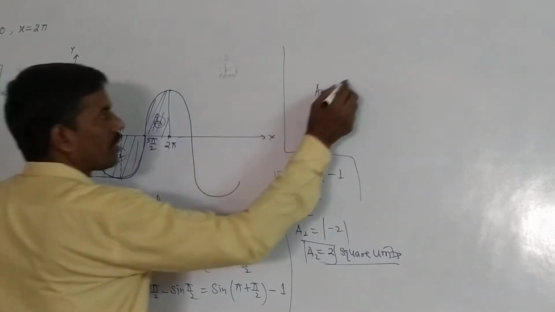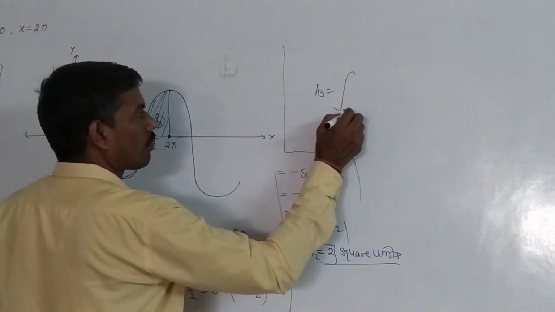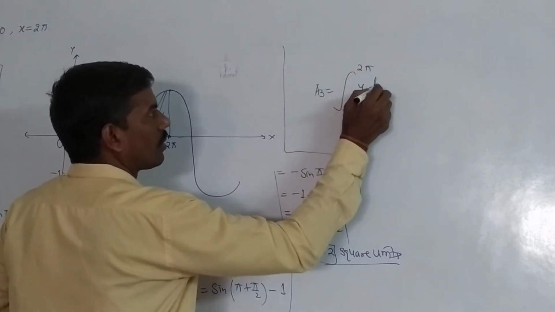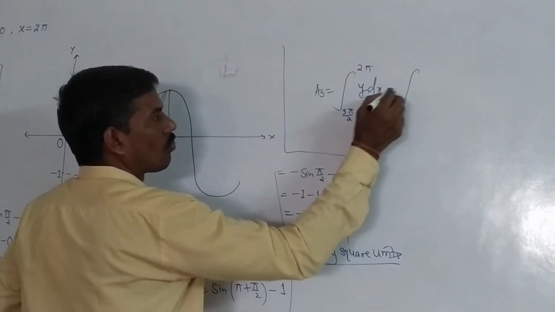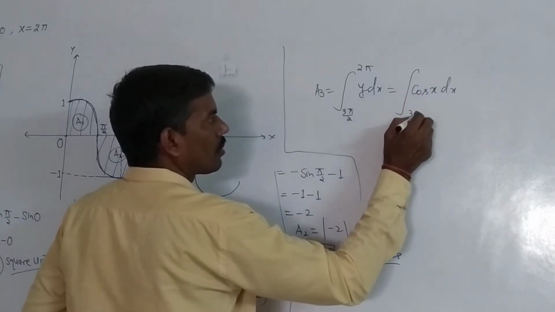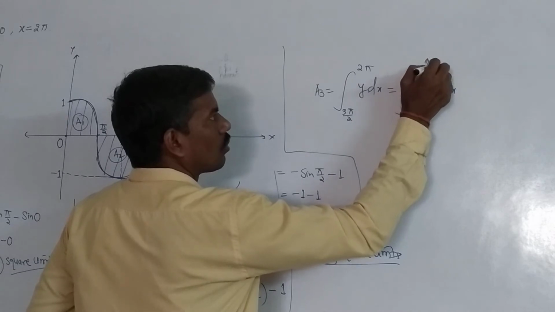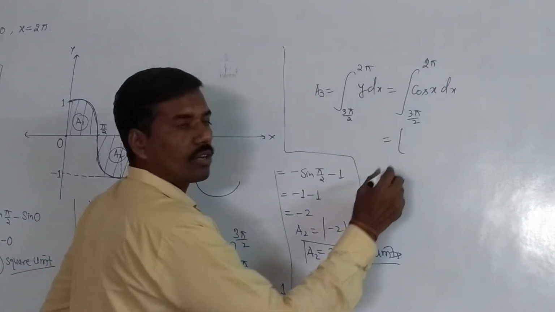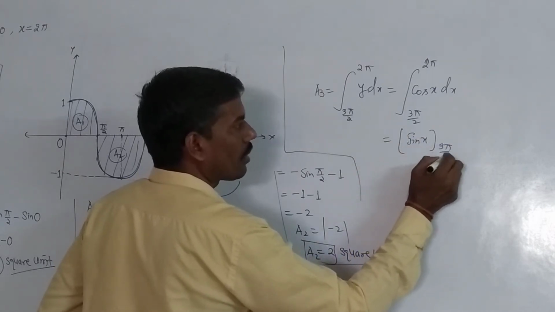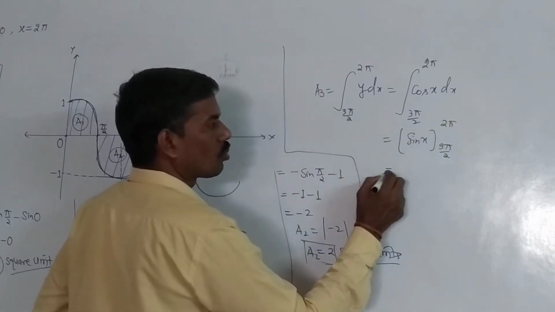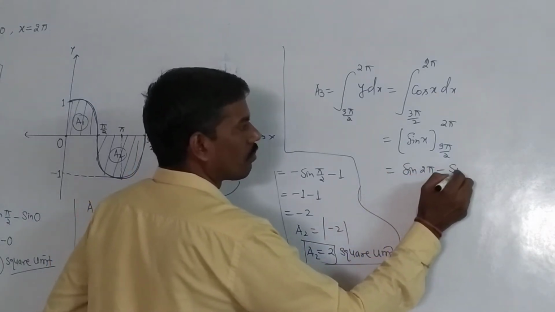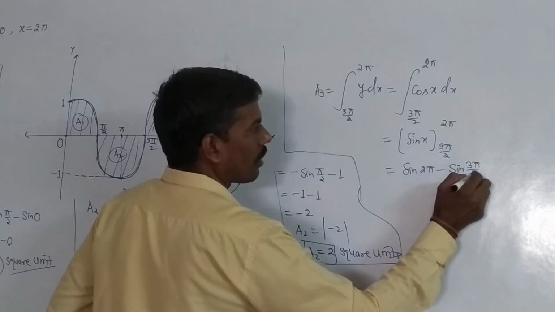That is, area A3 is the integral of y dx from 3 pi by 2 to 2 pi, and since y is given as cos of x, the integral of cos x is sine of x, with lower limit 3 pi by 2 and upper limit 2 pi. So we get sine of 2 pi minus sine of 3 pi by 2.